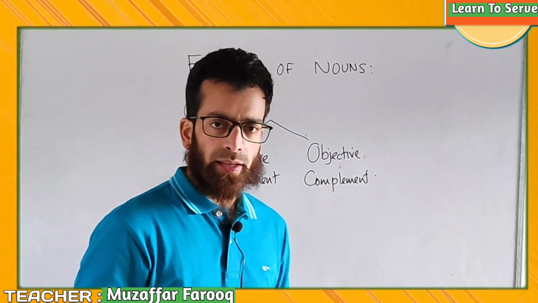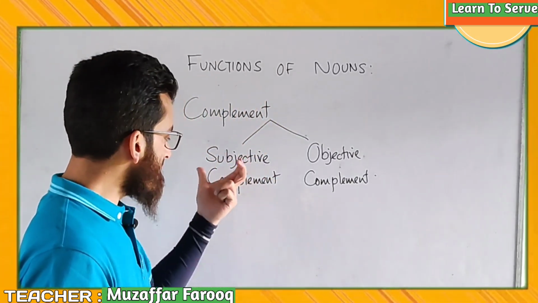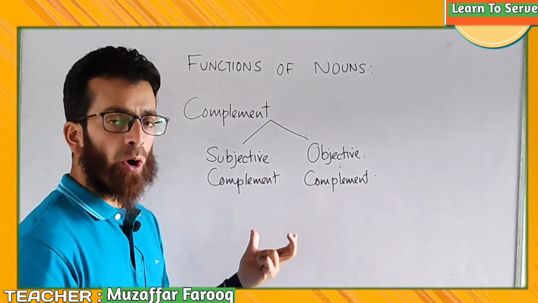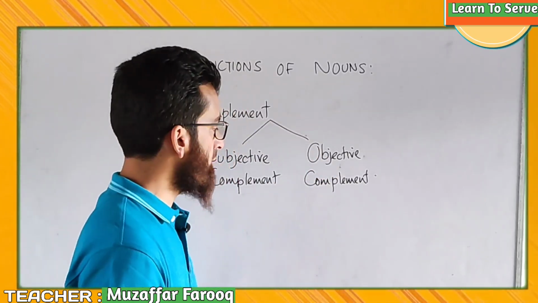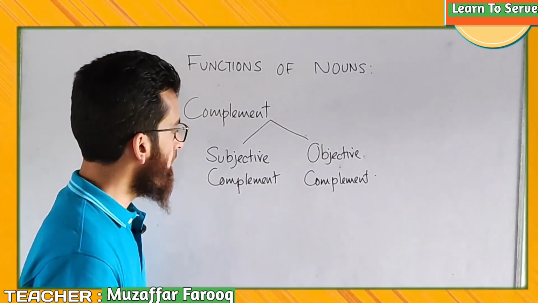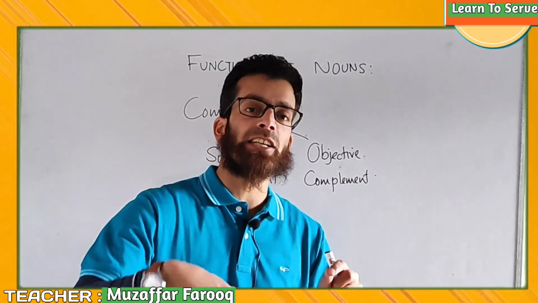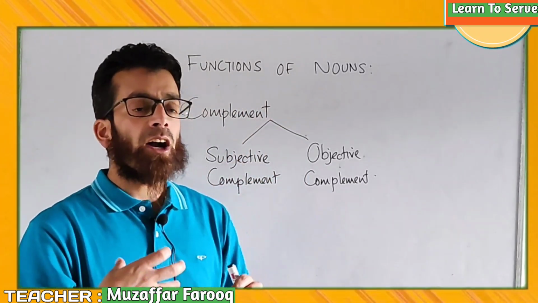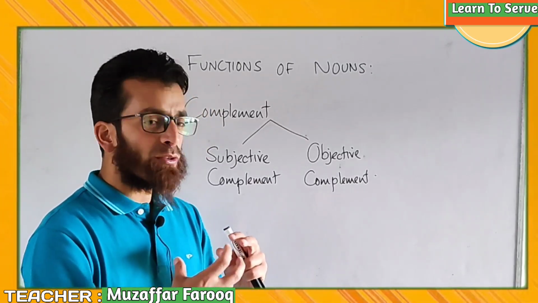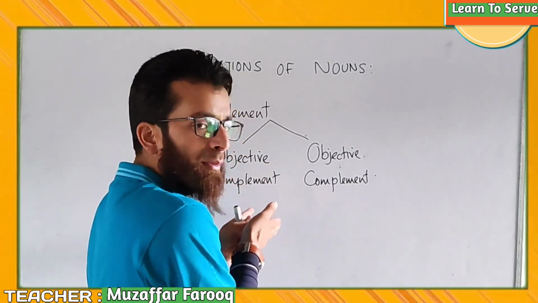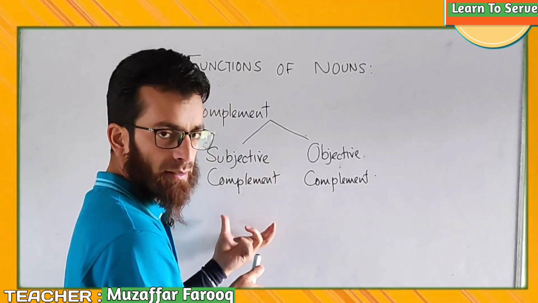When we call it a subject complement and when we call it an object complement is really interesting to know. If a complement describes, defines, or gives us information about the subject of the verb, then it is a subject complement.